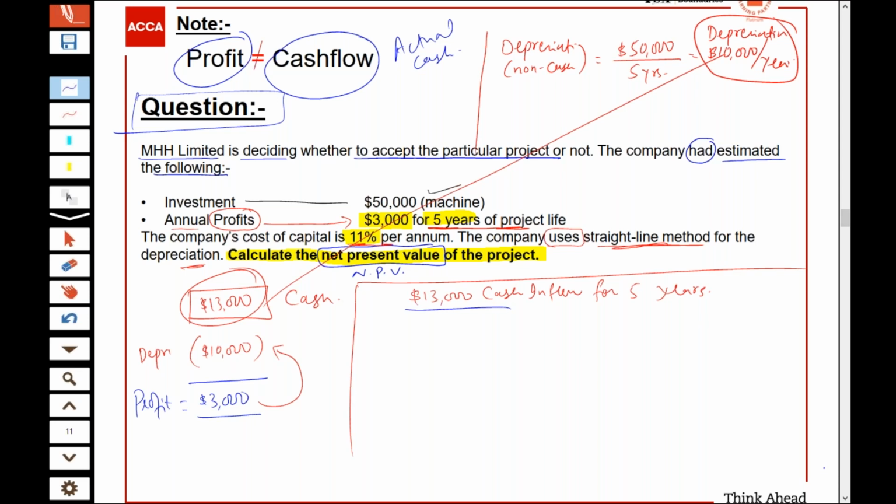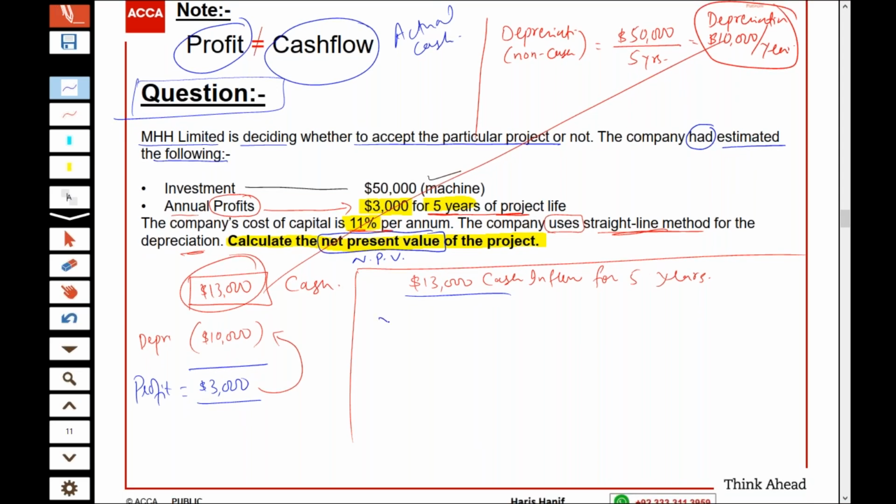And see how I will be calculating the present value. That is year 0. Cash flows, and now annuity factor, equal to present value.